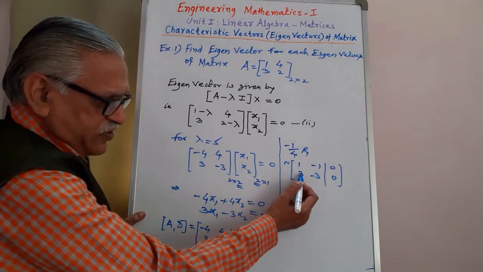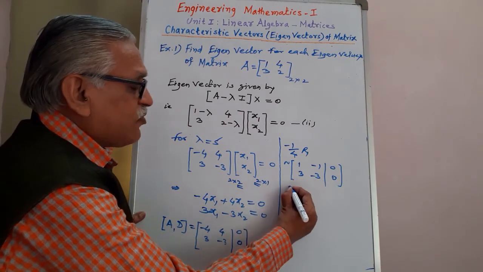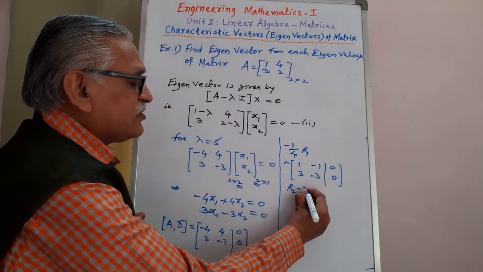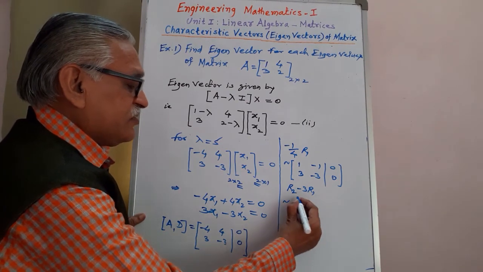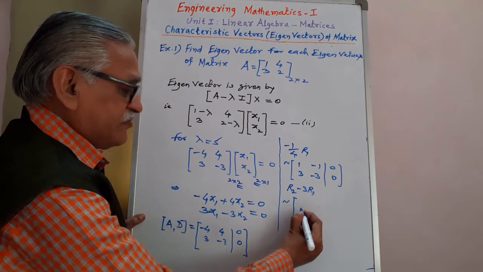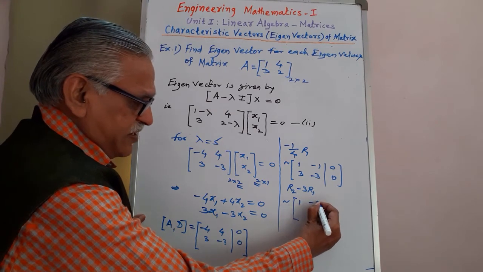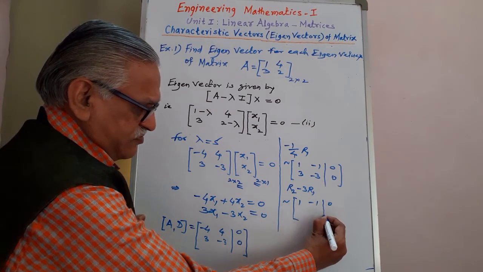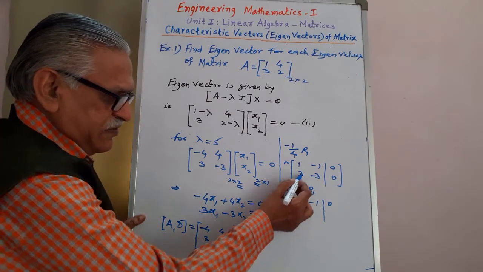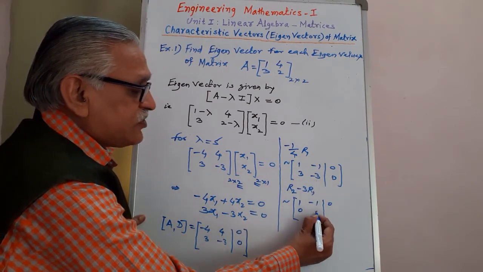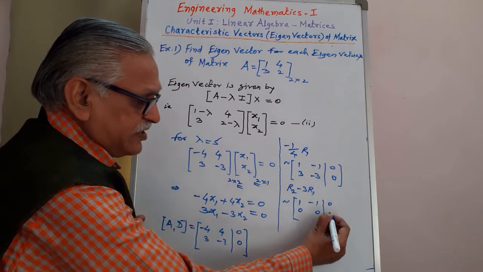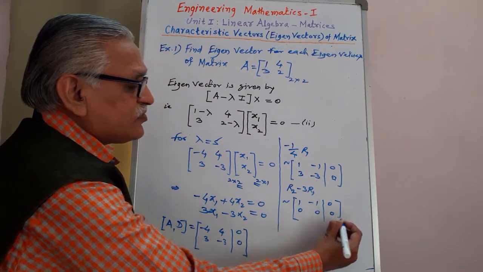Then using this one, we convert this to 0 by a transformation, R2 minus 3 times R1, and therefore if we apply this, we get first row no change, 1 minus 1, 0, 3 minus 3 we get 0 here, minus 3 plus 3 we get 0 here, and 0 minus 3 times 0 we get 0.